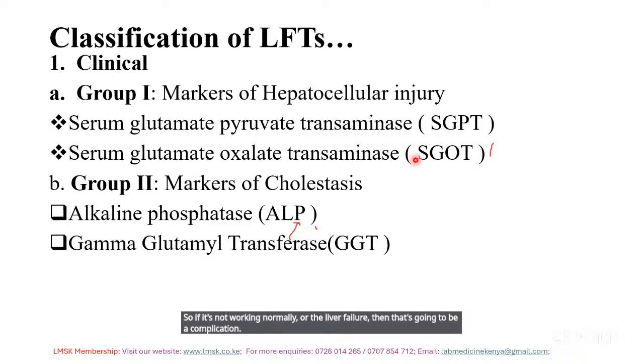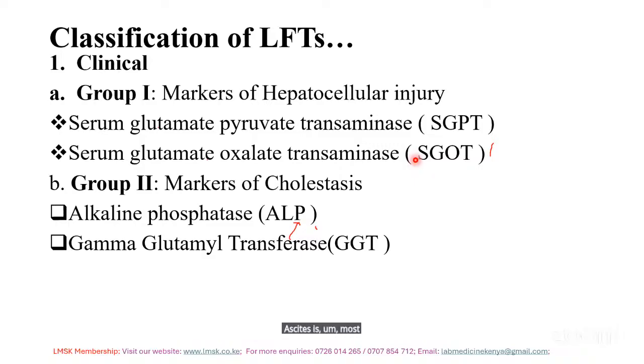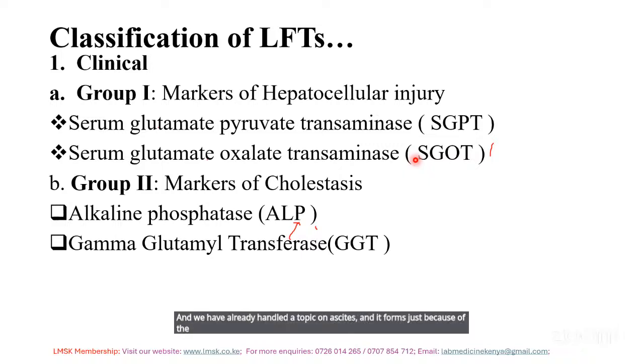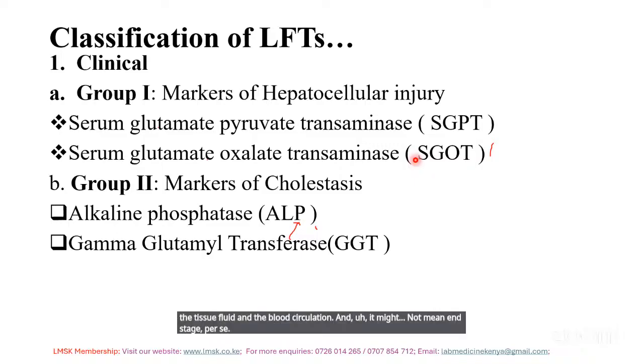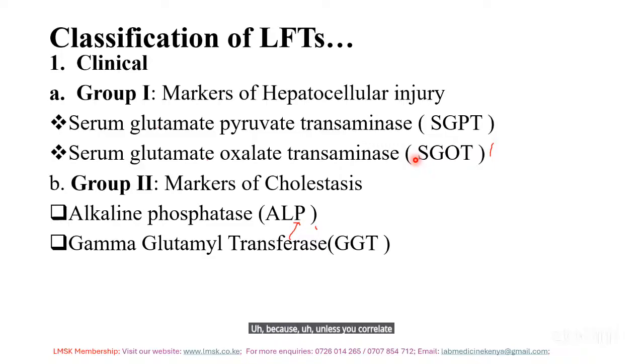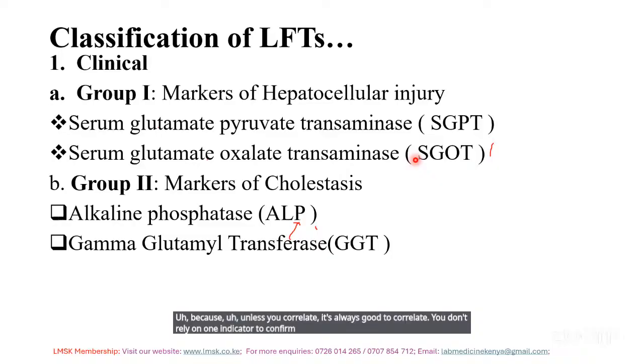Ascites is most commonly present due to cirrhosis. And we have already handled a topic on ascites, and it forms because of the imbalance in albumin gradients between the tissue fluid and the blood circulation. It might not mean end stage per se, because it's always good to correlate. You don't rely on one indicator to confirm end stage.